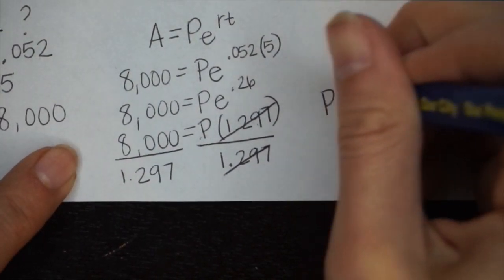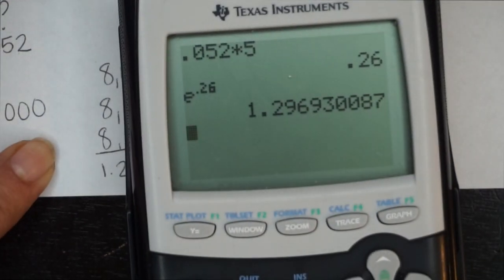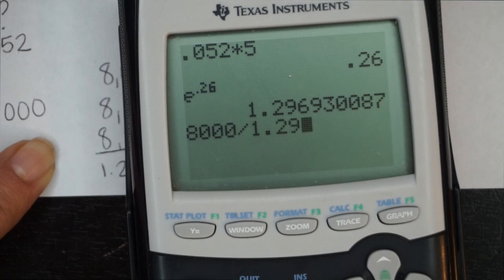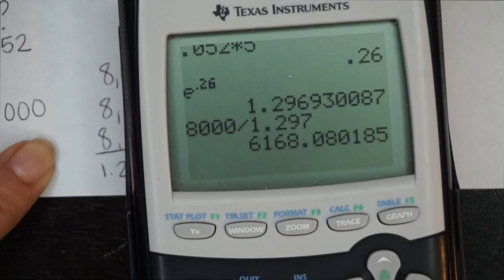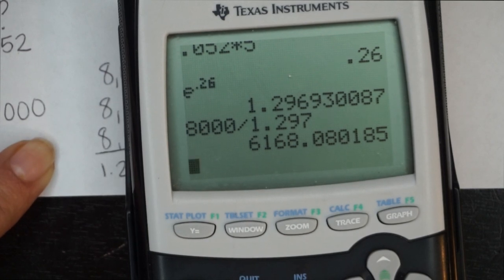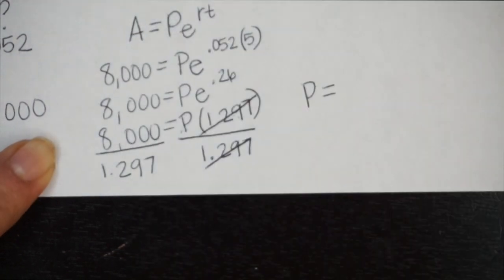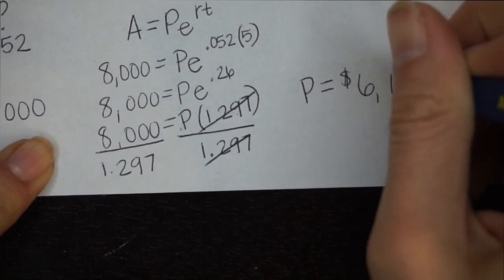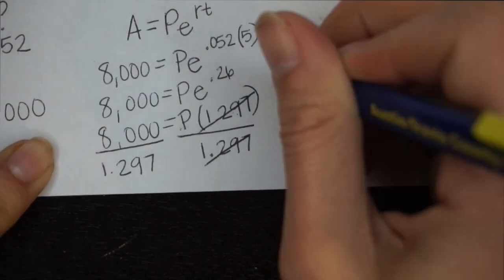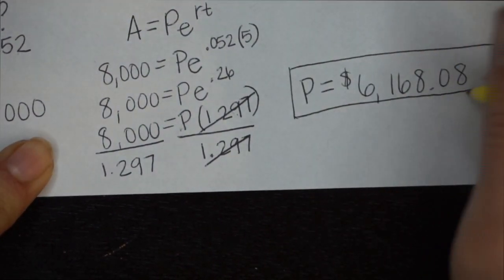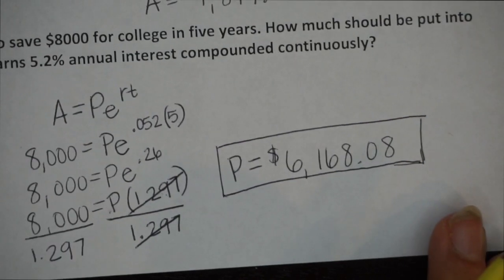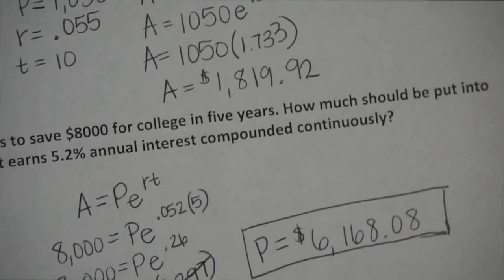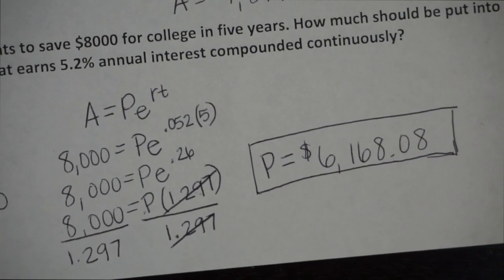All right, and P, the amount we need to invest, let's solve that: 8,000 divided by 1.297, enter, $6,168 and about 8 cents. $6,168.08 is how much she needs to put in the account today so that in 5 years she'll have $8,000 there. All right, that's gonna be it.